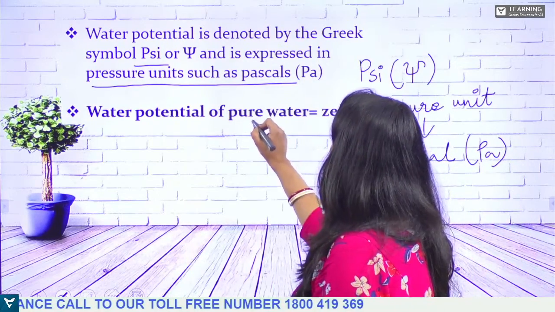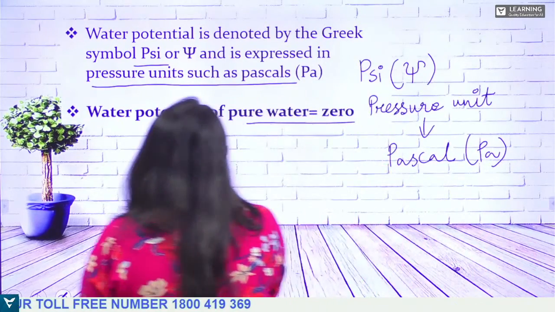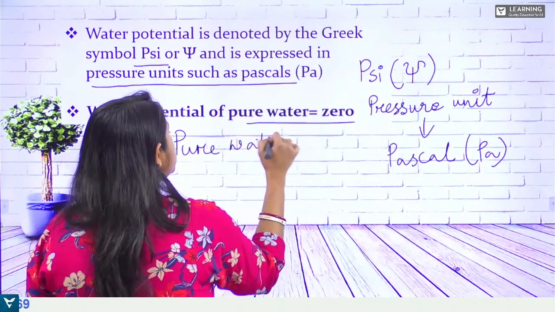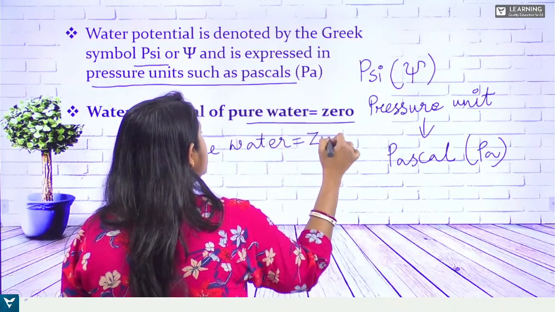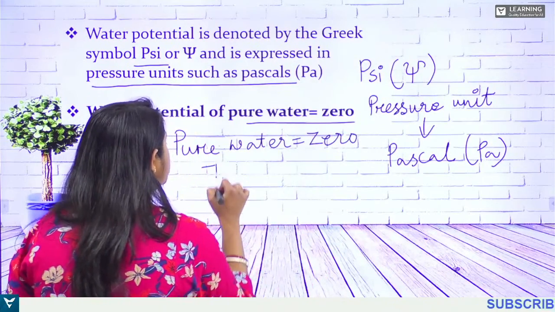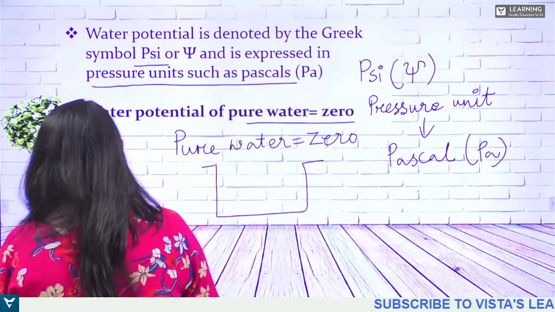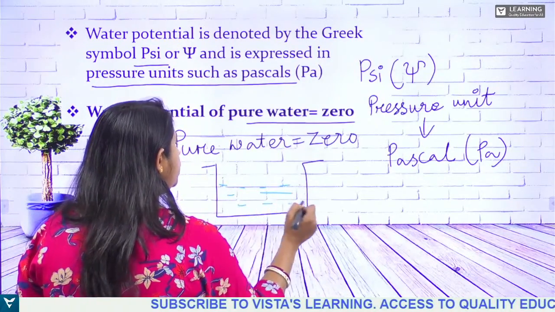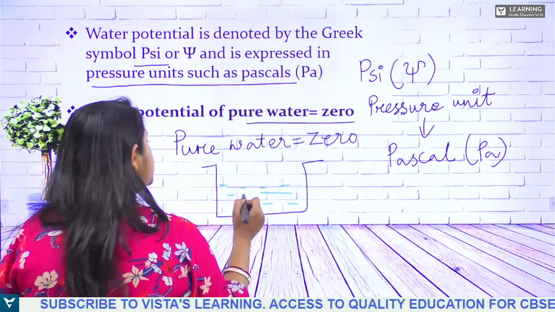The water potential of pure water is 0. Why is it 0? Because the water molecules are free and can easily move.